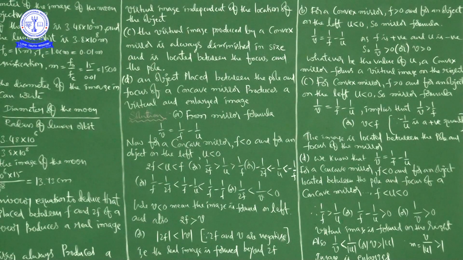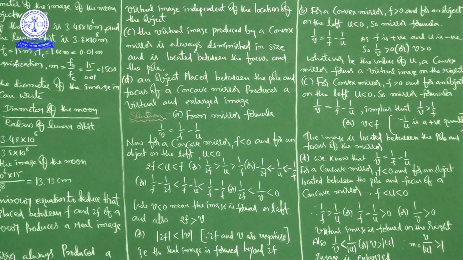Next, D: an object placed between the pole and focus of a concave mirror produces a virtual and enlarged image.